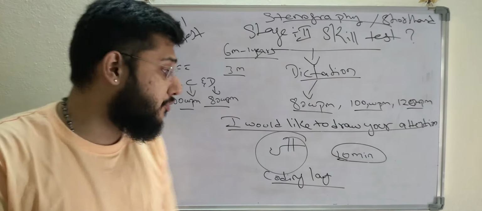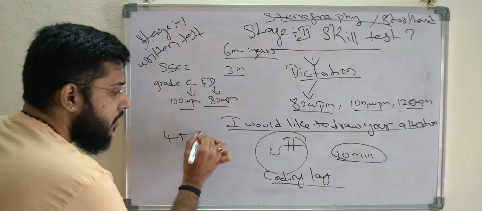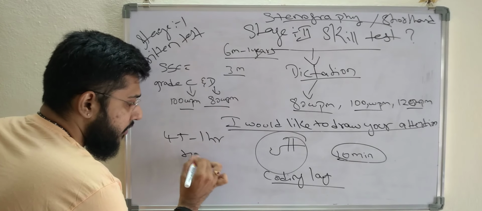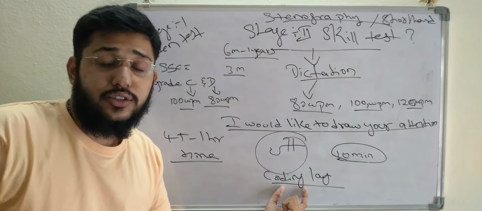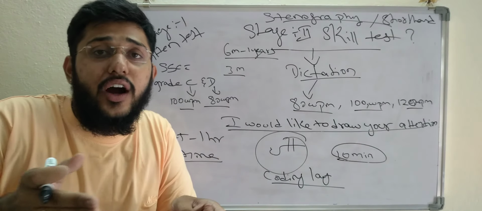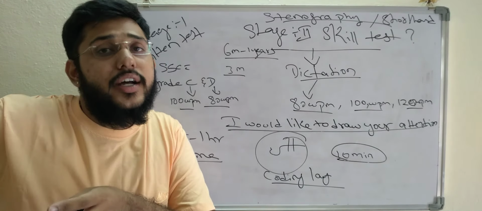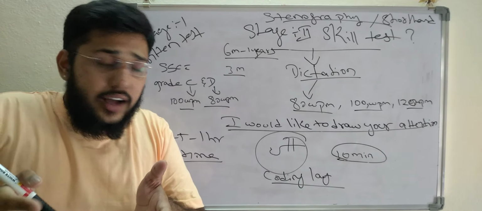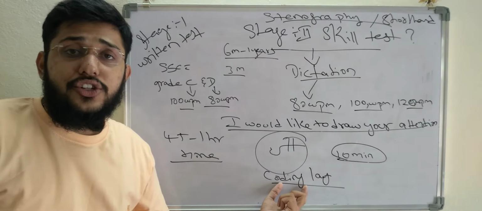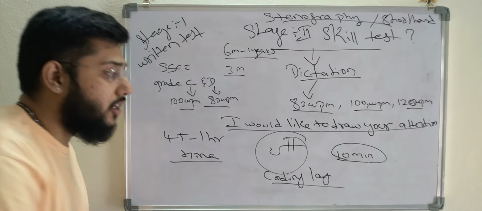Fine. So after writing the skill test for 10 minutes in this coding language, they give you around 45 minutes to 1 hour. After writing in this coding language, they'll allot a system to each student who is applying for this job. After writing in the coding language, you have to transcribe it into English.